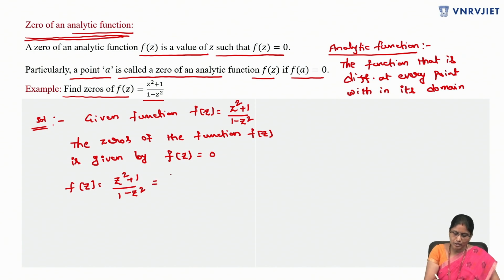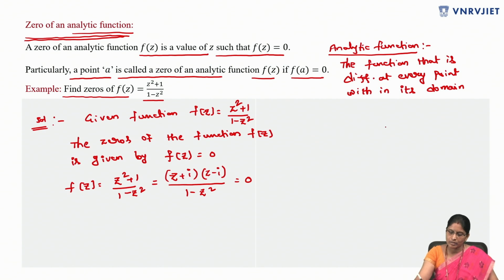Z square plus 1 can be written as z plus i into z minus i. How?